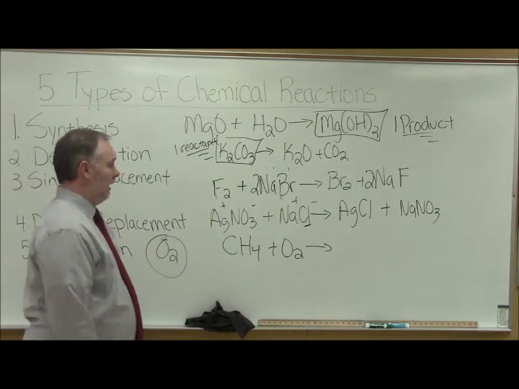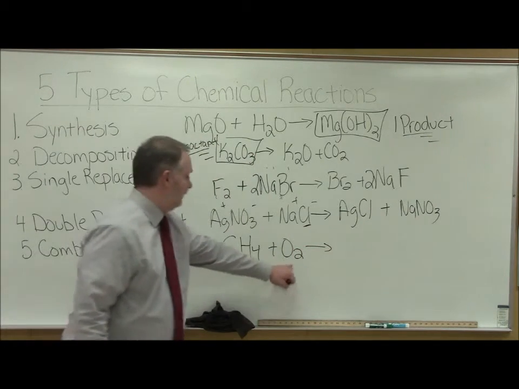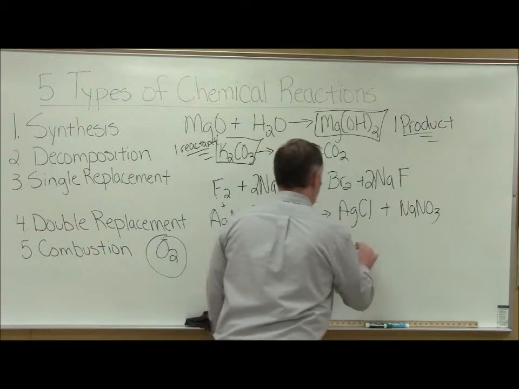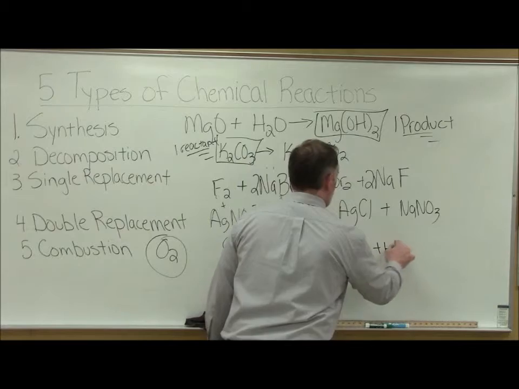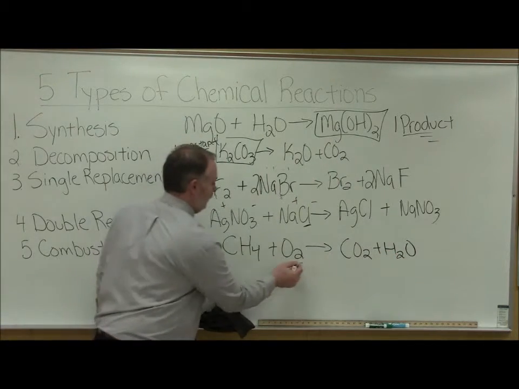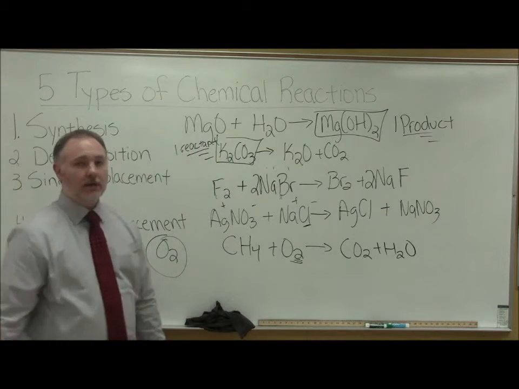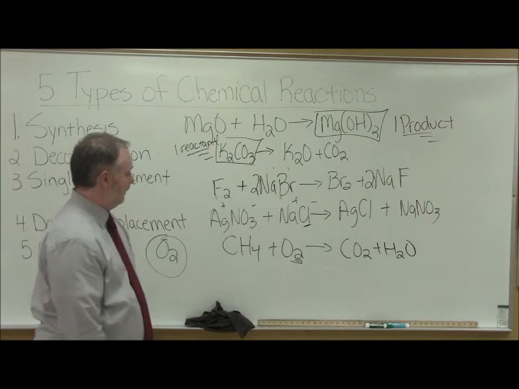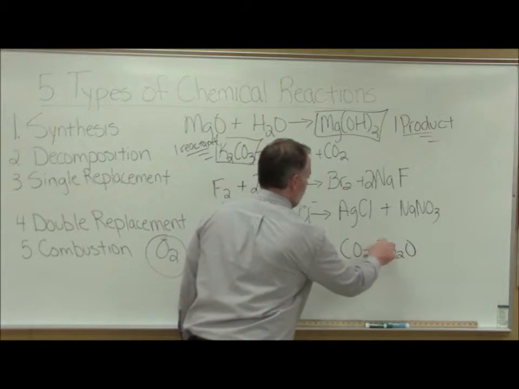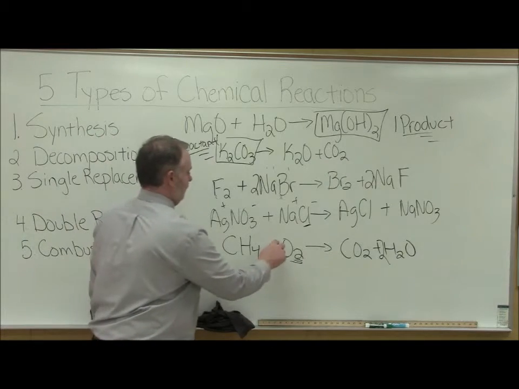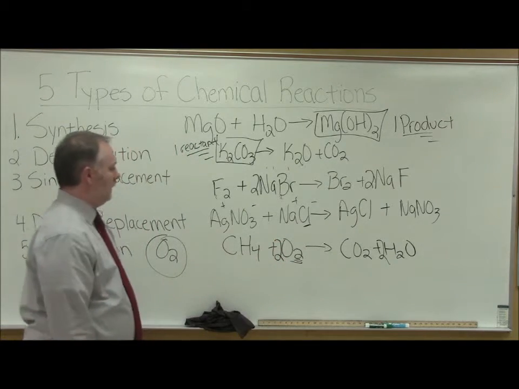Every single time we do oxygen in one of these hydrocarbons, it's always going to end up with CO2 plus H2O as the products. This right here, that's the key thing to recognizing that it's a combustion. And this equation is not balanced. We need a 2 right there to make the hydrogens work out, and then another 2 right here.